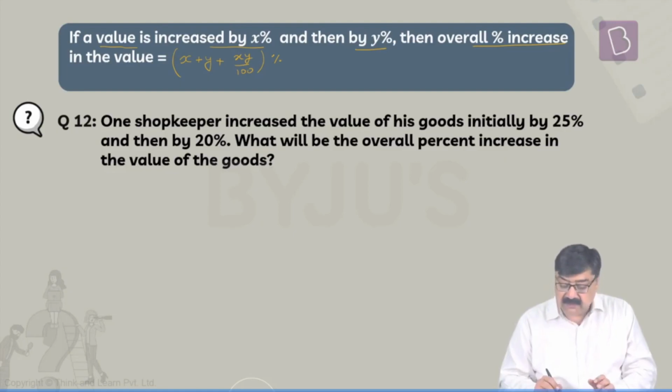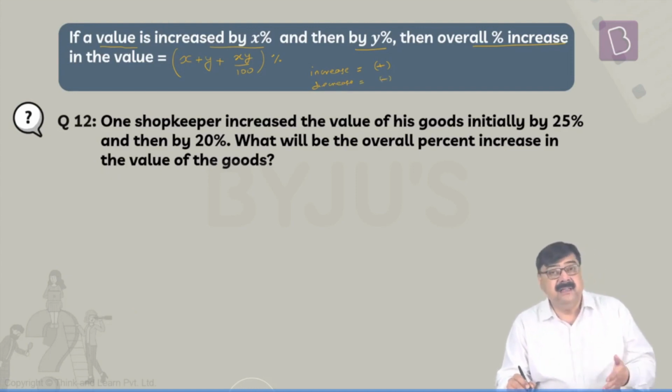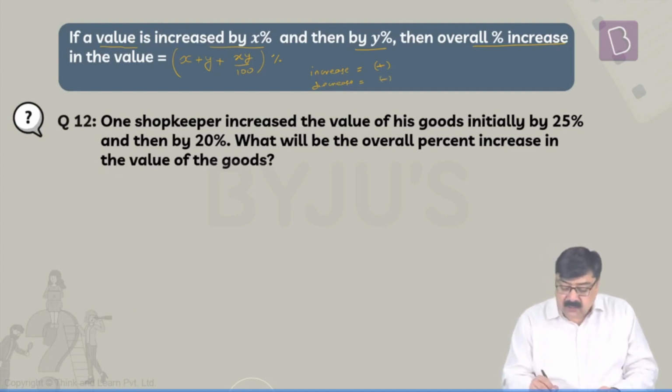Now here, before I take it up, this increase or decrease, whatever is given to you, just make sure that for increase you use the symbol of plus, or let us say positive, and for decrease you use a symbol of minus, that is negative value. So one shopkeeper increased the value of his goods initially by 25% and then by 20%. What will be the overall percent increase in the value of the goods?